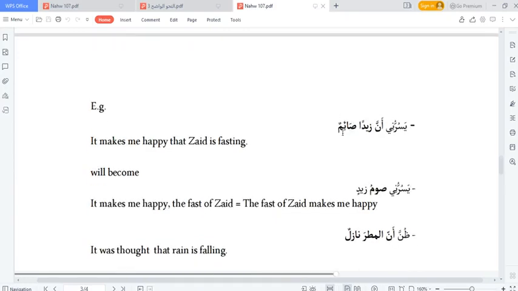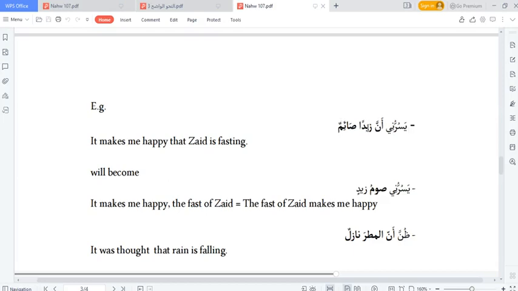So for anna and its ma'mulan, this is anna, this is ismu anna and khabaru anna. Now to convert them to masdar, we take the masdar of the khabaru anna, we use it as mudaf to the ismu anna, then we erase anna and the khabar anna that we had before.